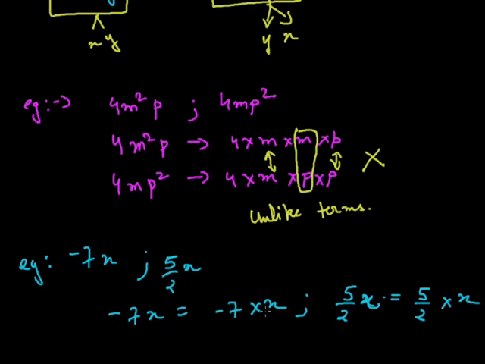Now if we see the algebraic part, the variable x is here, and in this also the algebraic part is x. So both have the same algebraic part, therefore these two terms are like terms.